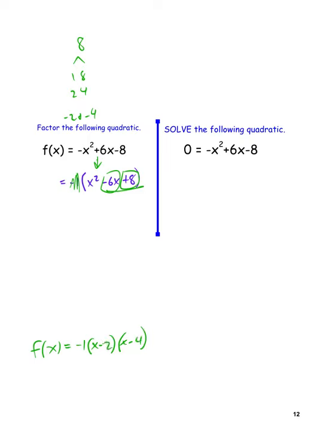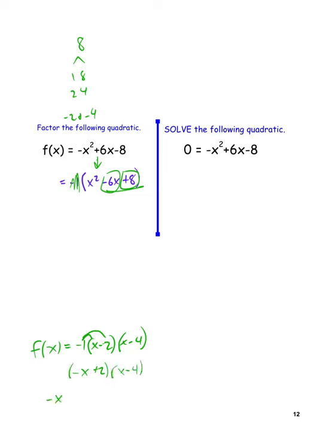So those would be a minus 2 and a minus 4. Now to verify this, I can distribute this like you saw back on that greatest common factor slide. And that would be negative x plus 2, and then an x minus 4.